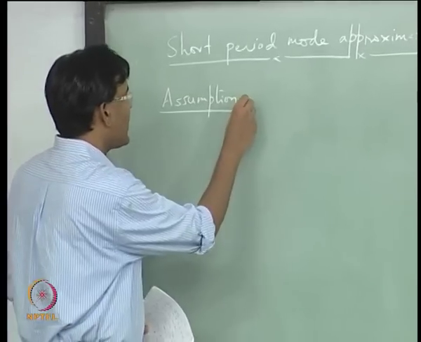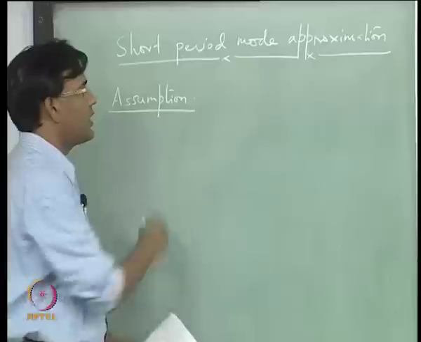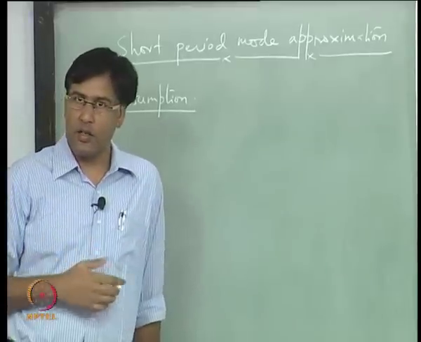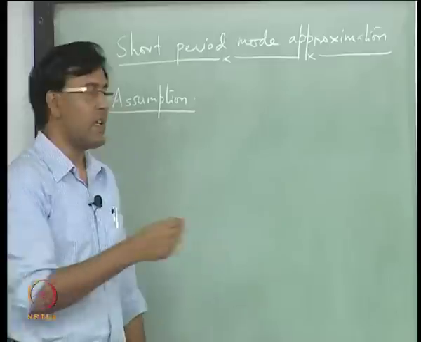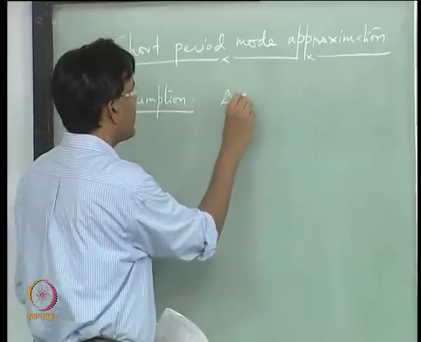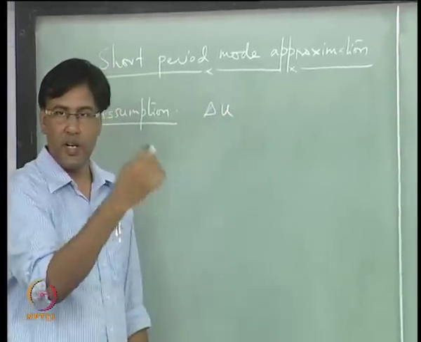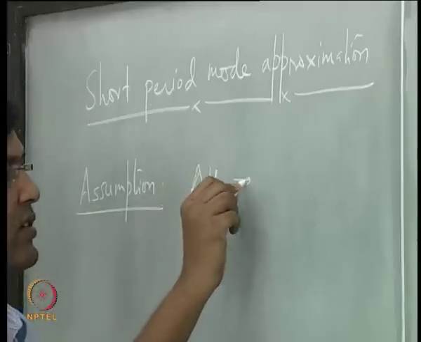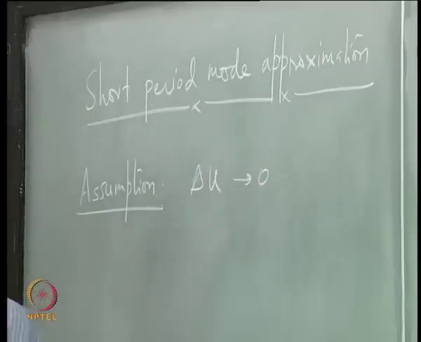Now, the assumption involved here is that when the aircraft is showing short period behavior, there is hardly any change in the forward speed, right. So we can set this to 0.